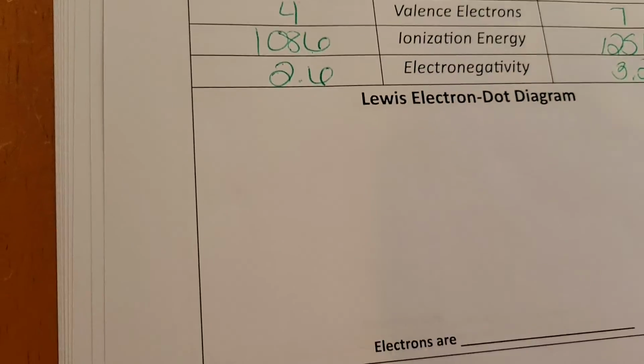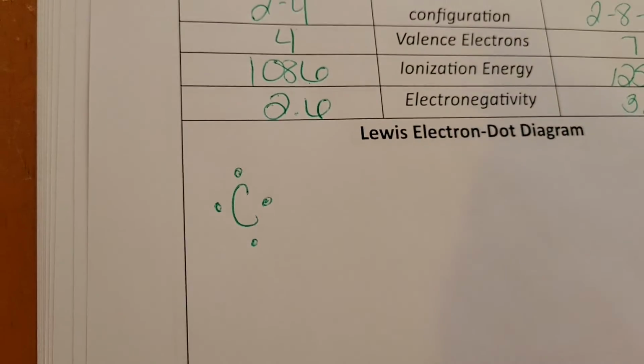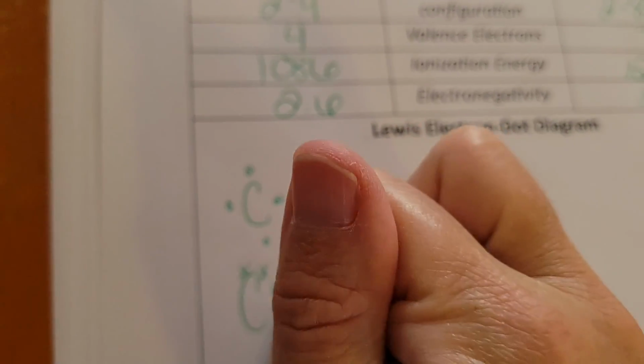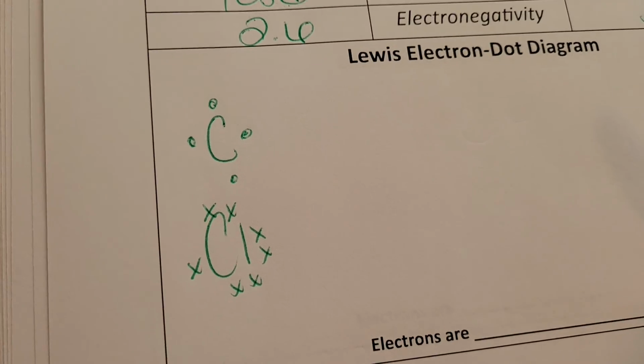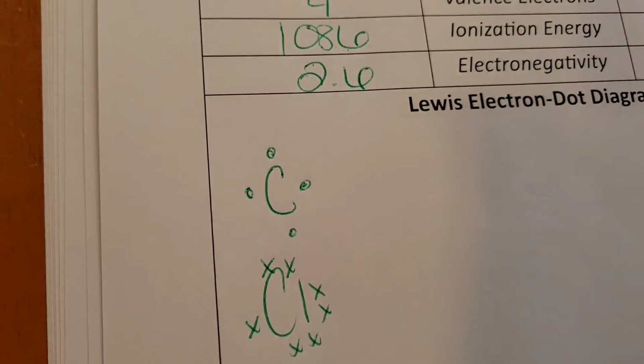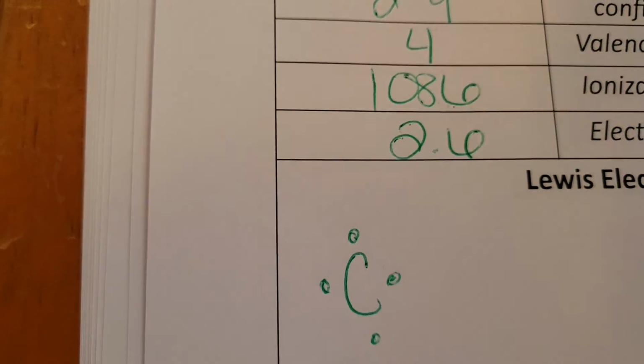All right, so our rough draft, we've got carbon with 1, 2, 3, 4. And we've got chlorine with 1, 2, 3, 4, 5, 6, 7. So when you see carbon, you want to think about it being in the middle. And this ends up being very similar to the one that we just did with carbon and hydrogen.